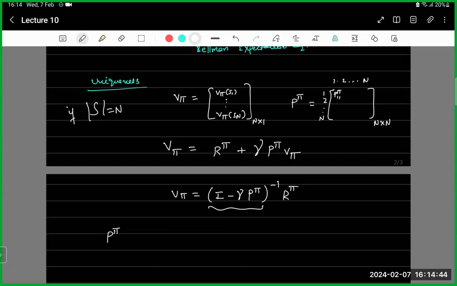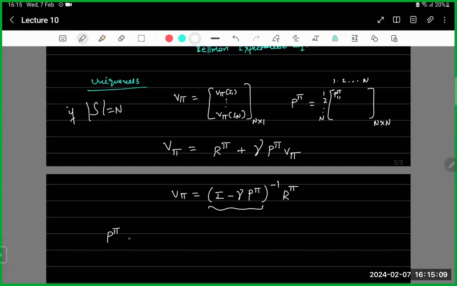Because you are in some state S, what is the probability that you'll go to state 1 in the next time slot? What is the probability that you'll go to state 2 in the next time slot? If you sum over all those probabilities, that should be 1, because you have to go somewhere in the next state, right? So any matrix where all the entries are positive and whose rows sum to 1 is called a stochastic matrix.